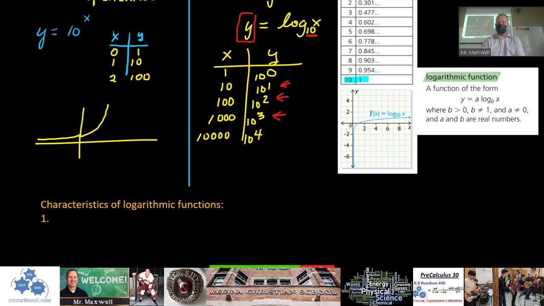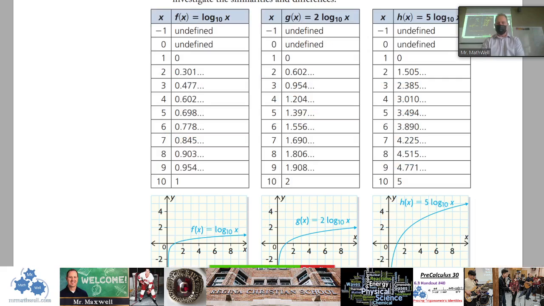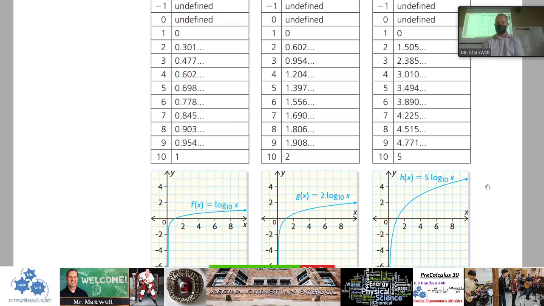If you notice in this graph right here, and if you go back to the textbook and notice in 3 of these graphs, the domain is restricted to the positive x. Because remember, any negatives here are undefined. And why is that? Well, 10 to the power of what would give you negative 1? You could pick any number you want for a power and you'd never actually get a negative number.